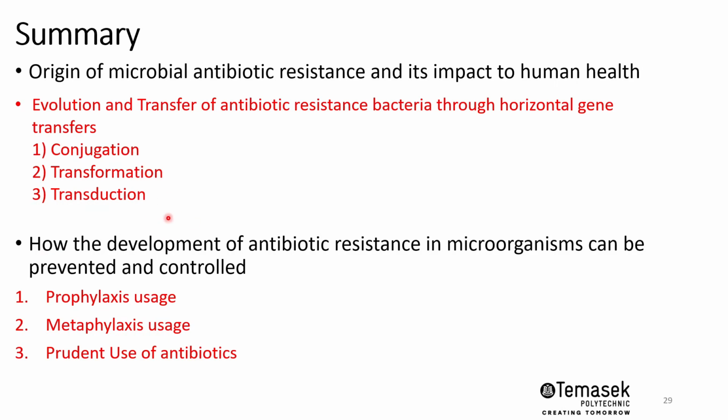How the antibiotic resistance came about? Often these are spontaneous natural mutations that happen. Right? And we also look at how the development of antibiotic resistance in microorganisms can be prevented and controlled. And often this will depend on the usage of antimicrobials through prophylaxis, through metaphylaxis, and of course with prudent use of these antibiotics for animals.